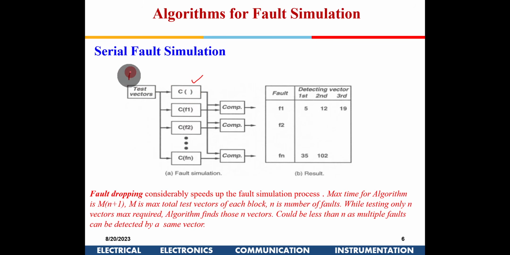And if there are m test vectors in total, say for a 4-bit input, 2 to the power of 4, then the maximum time for this simulation to complete will be m into n plus 1, right?